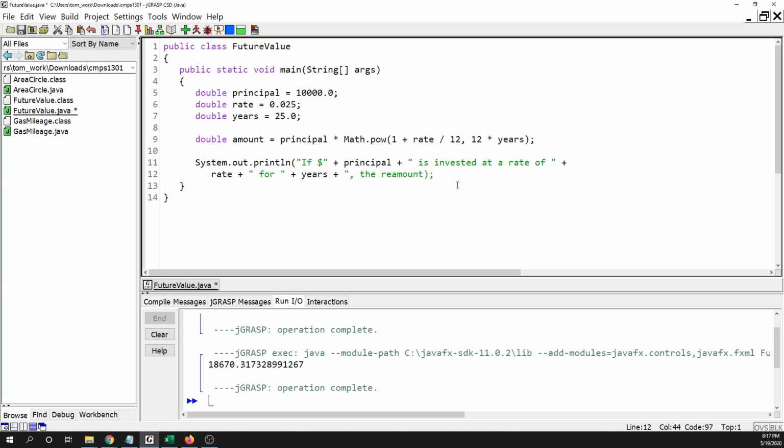The resulting, or the future amount, is, and then whatever the amount there. All right, let's try that and see if it works.